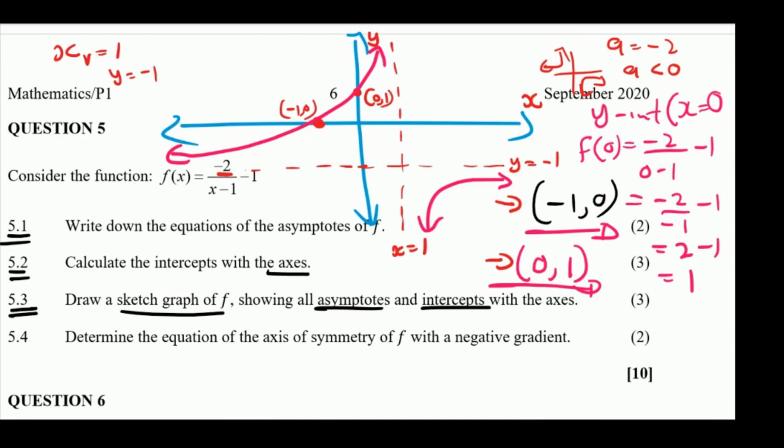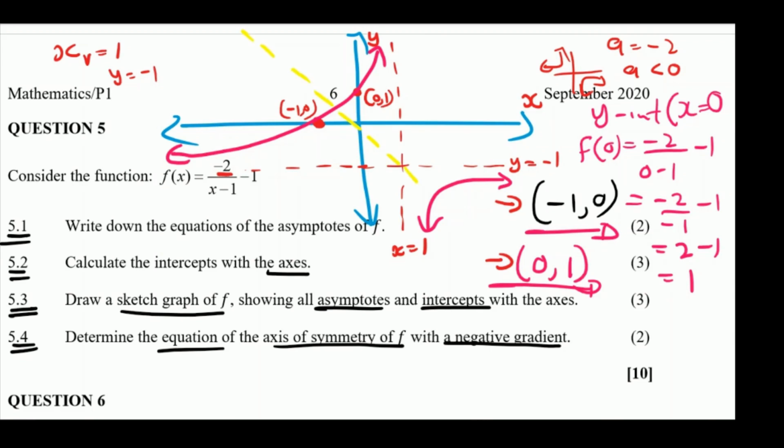Now in 5.4 we are asked to determine the equation of the axis of symmetry of f with a negative gradient. The axis of symmetry of this graph, the negative one, is this straight line. It passes through here.